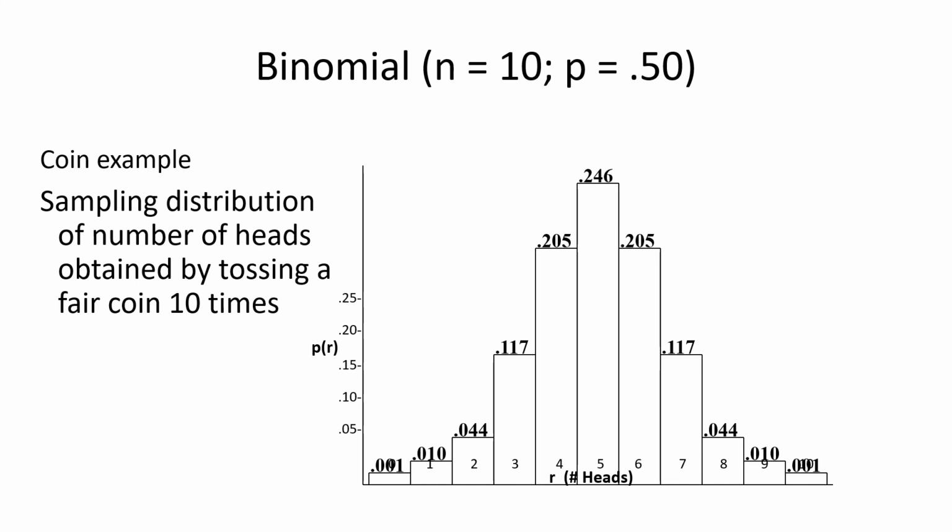You can put these into a distribution. This is the probability of getting exactly 0 heads on 10 flips. Exactly 1 heads, 2, 3, 4, all the way up. This is the exact probability of getting this number of heads on each of the flips. And you can put all these together and you've got now a distribution.